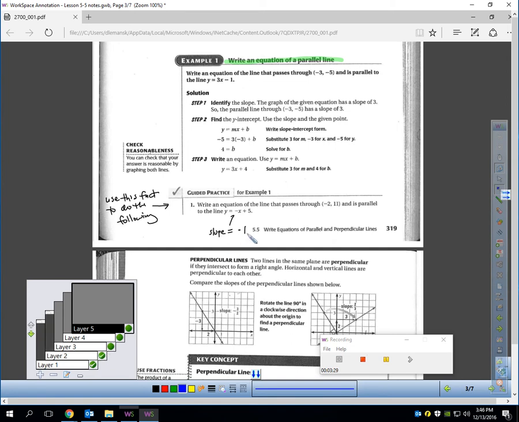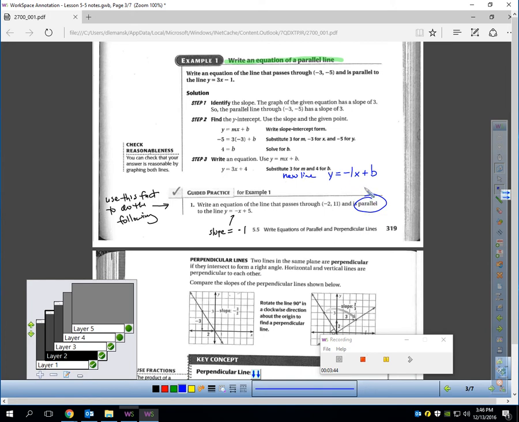So here's the first thing. Do you notice the slope of this line is negative 1? Since this line has a slope of negative 1 and I want a line parallel to it, my new line must also have a slope of negative 1. Remember, parallel lines have the same slope.